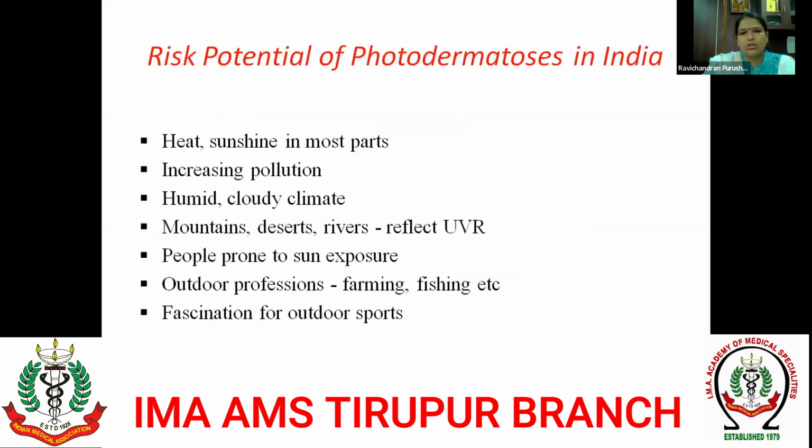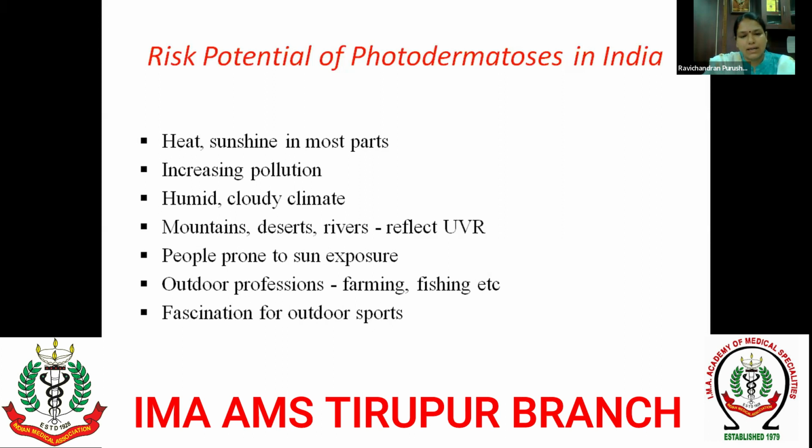When we consider photodermatosis in India, what are the precipitating or potential factors? The heat and sunshine in most parts of the country, increasing population and overcrowding, humidity, cloudy environment, and natural barriers like mountains, deserts, and rivers which reflect ultraviolet radiation.